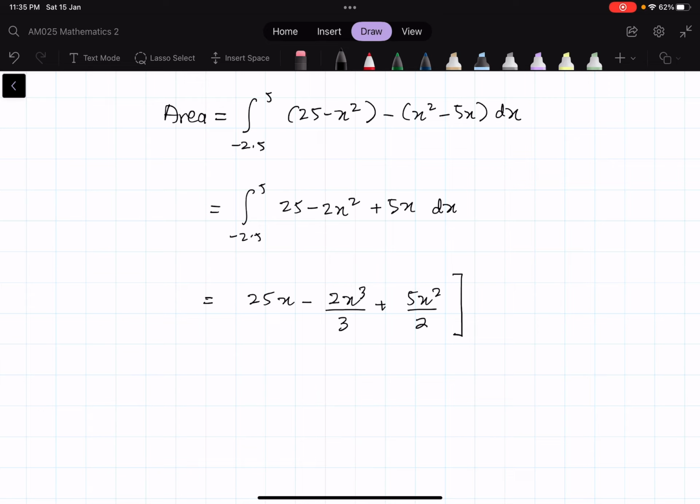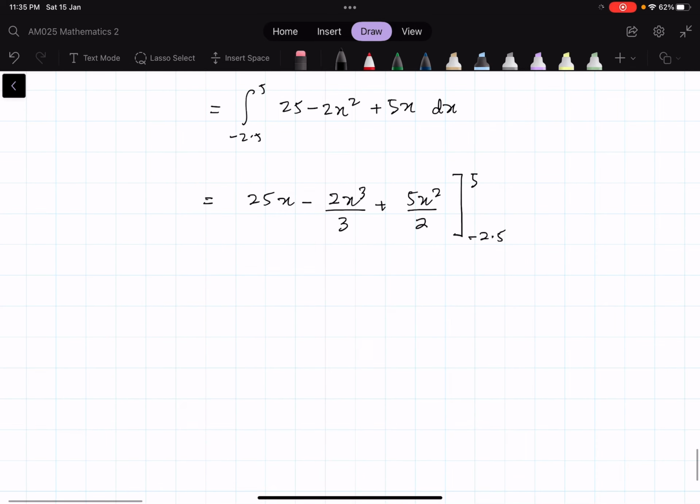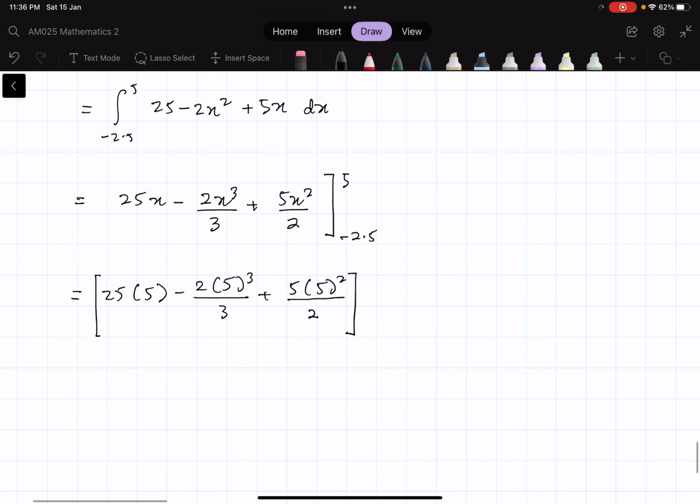Now we're going to substitute the upper limit, and we're going to subtract the lower limit. So let us substitute. 25 times 5 minus 2 times 5 cubed over 3 plus 5 times 5 squared over 2. This is the substitution of the upper limit minus the lower limit.